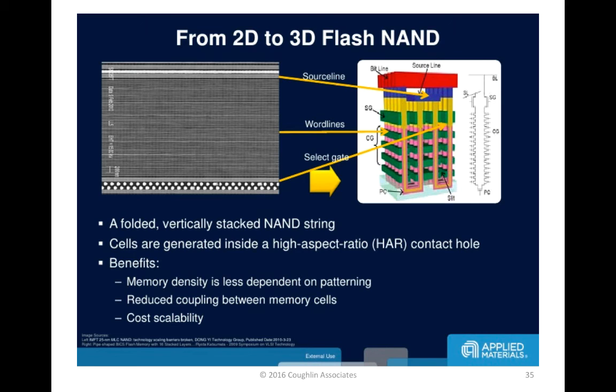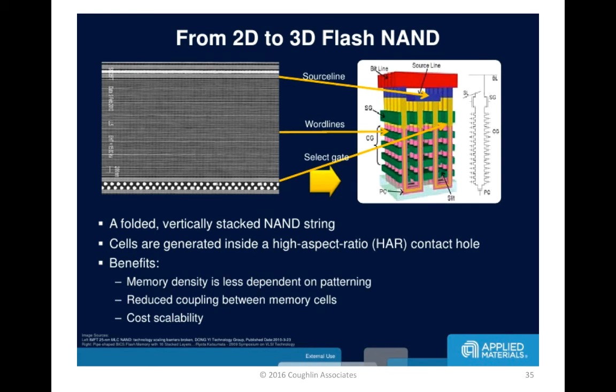They require new fabrication facilities, and as a consequence, the equity in yield, equity in the price per gigabyte for planar flash and 3D flash is estimated to occur sometime in 2017, when they may start to offer some price advantage after that. So it involves basically a folded, vertically stacked NAND string.